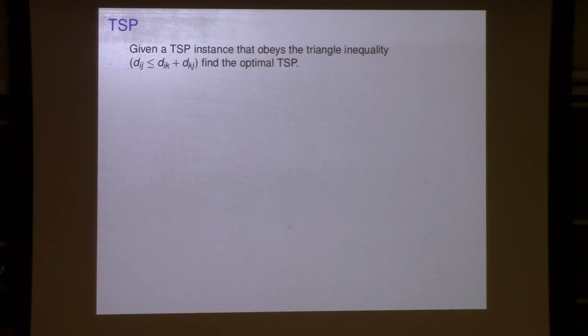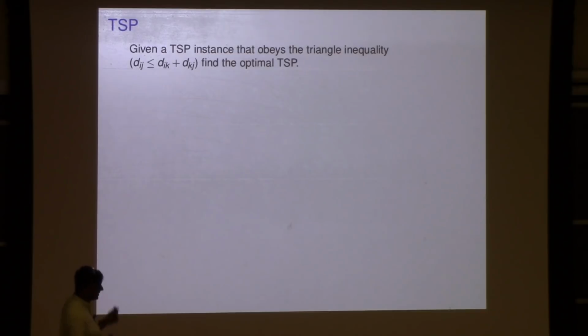Okay, so you're given a TSP instance, and now we're going to look at a special type of TSP instance. We're going to get one where the triangle inequality works. Okay, so the triangle inequality, it's this formula, but it says, if you want to go from i to j, you can go from i to k and then from k to j. That's fine, right?